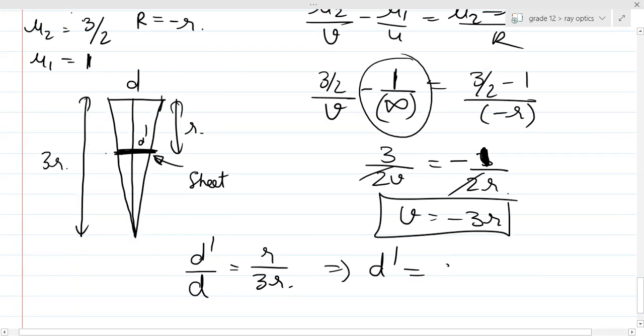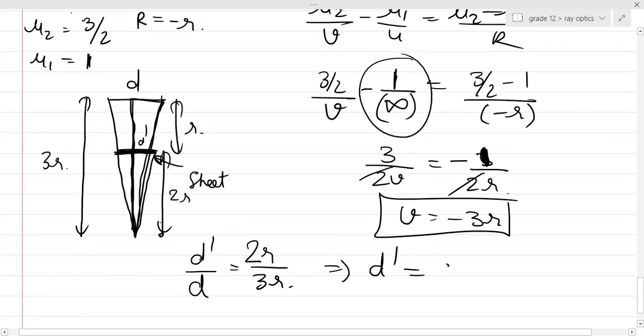Oh sorry, my bad. This distance is 2r, right? So this triangle is similar to the bigger triangle. So basically this will be 2r.